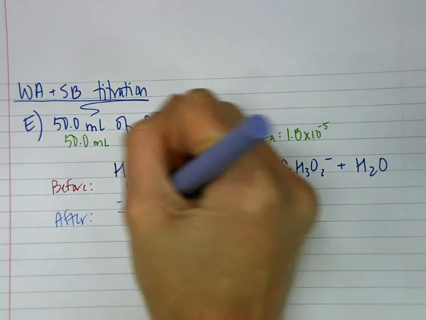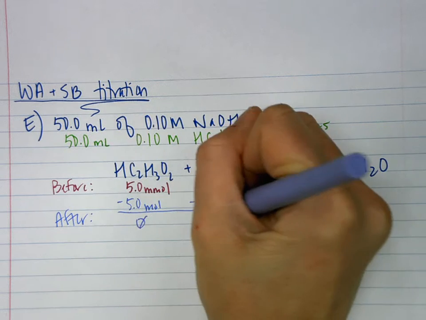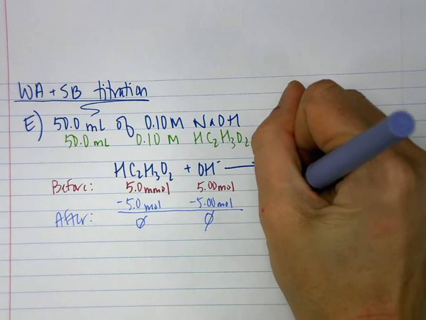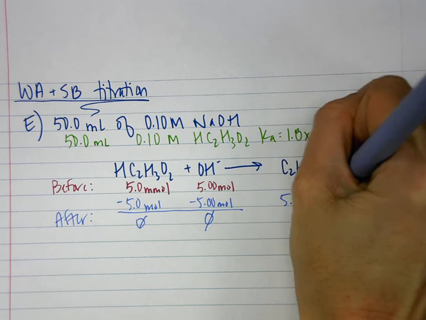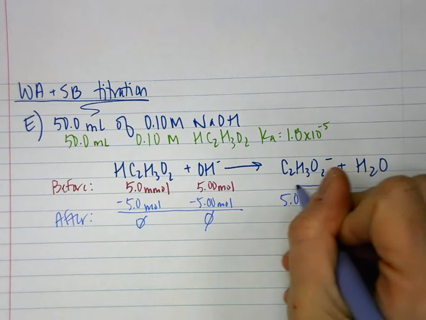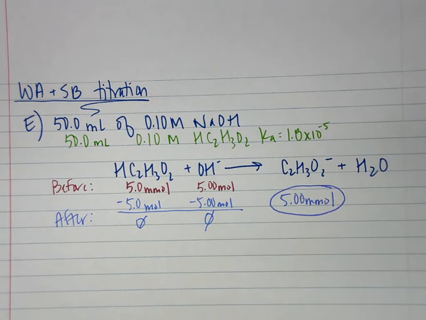We're not going to have any of this left over. But remember, don't forget we're adding, so we do have 5 millimoles of acetate ion left. This is important, okay? So we have that left over.